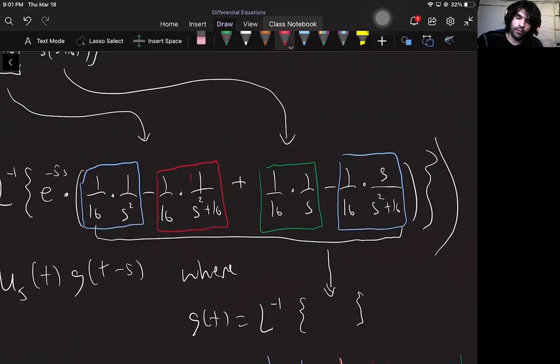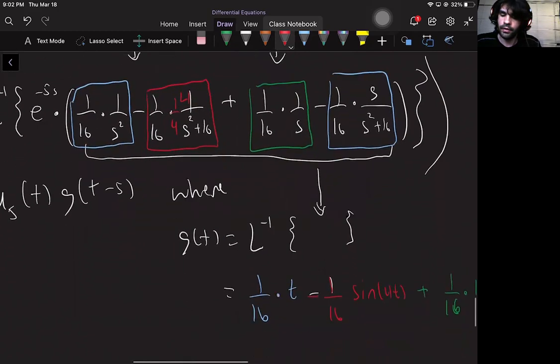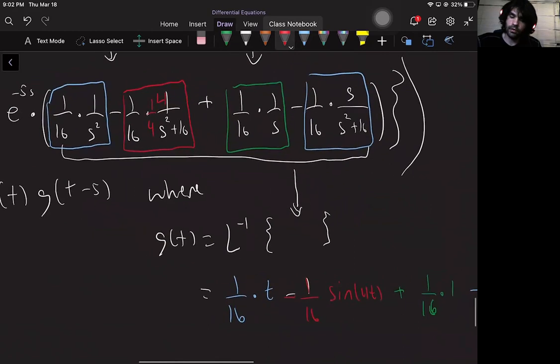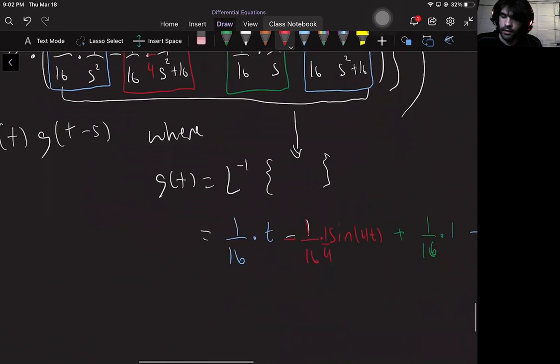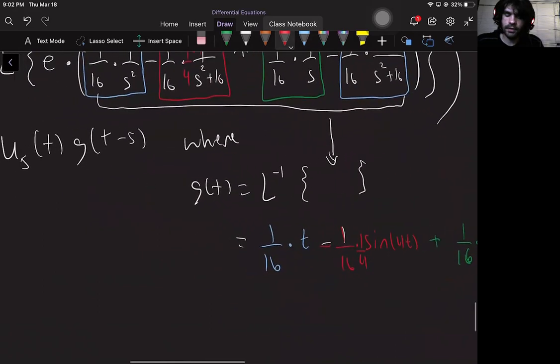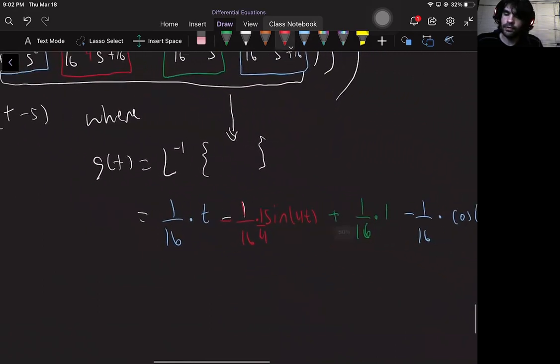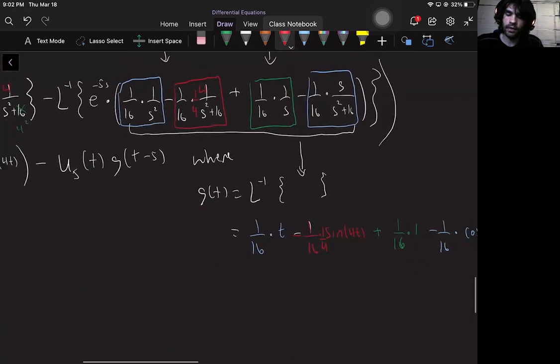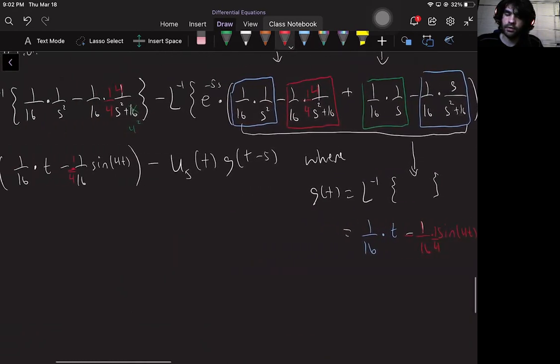I really want there to be a 4 here, so I have to multiply by 1/4. And do I need that with the cosine? I don't need that with the cosine. So this one will have another 1/4 multiplied there. Well, 4 times 16 is 64, by the way, so that'll just be that. Okay, but that's my g of t. So now I just have to plug in t minus 5 to that g of t.